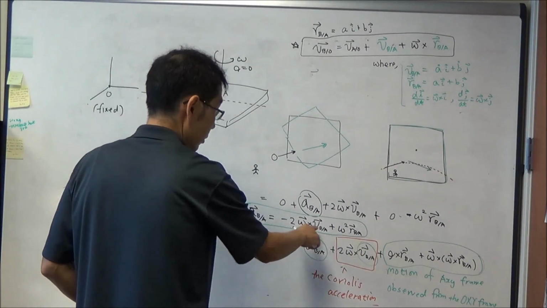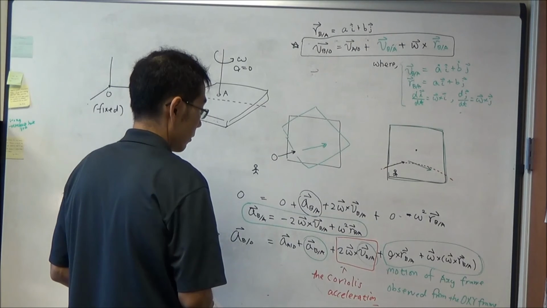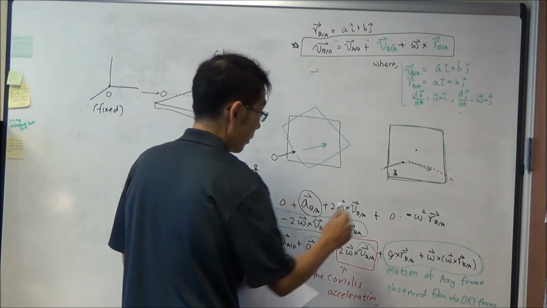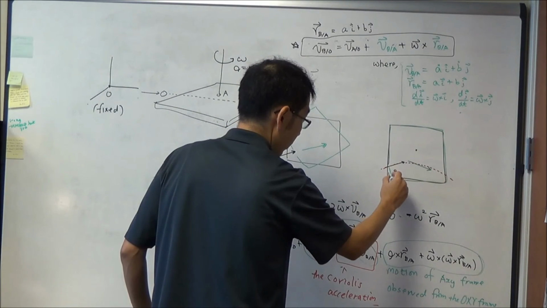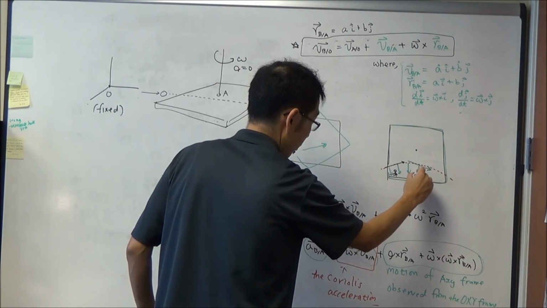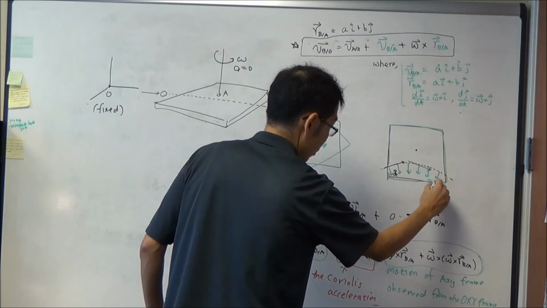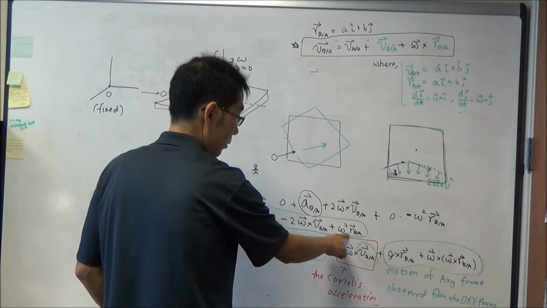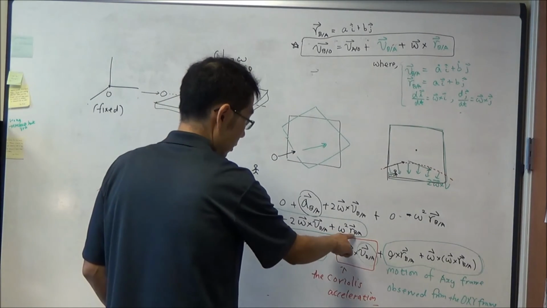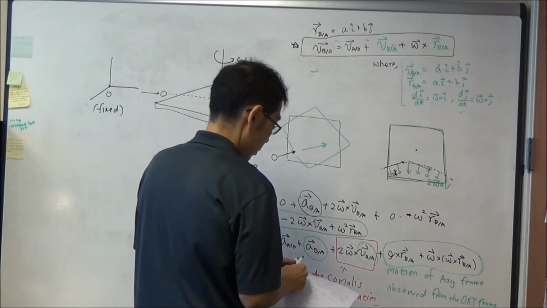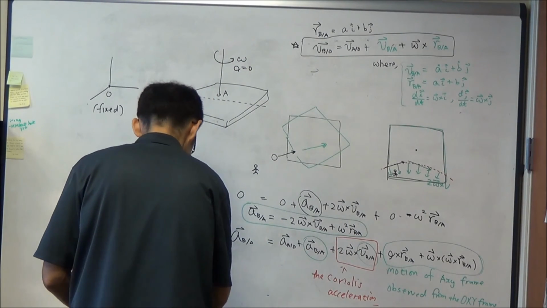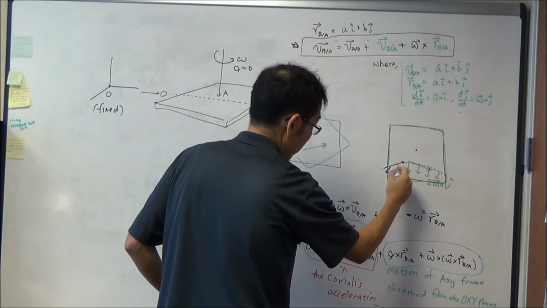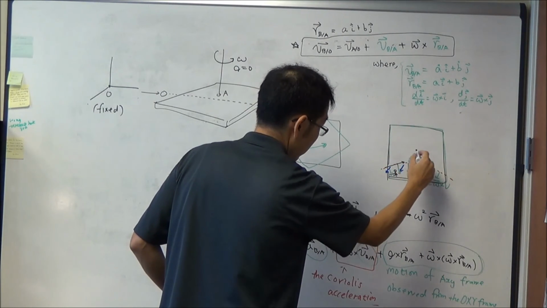So what's the direction of this one? The direction of the Coriolis term, whenever the ball is moving, is perpendicular to the ball's motion. Okay, so this is 2 omega and v. And also we have one other term. This is the centripetal term, r omega squared. So basically the centripetal is in this direction and this direction.